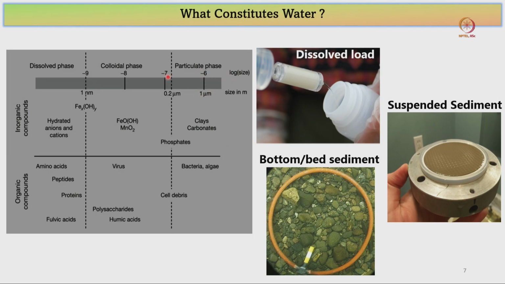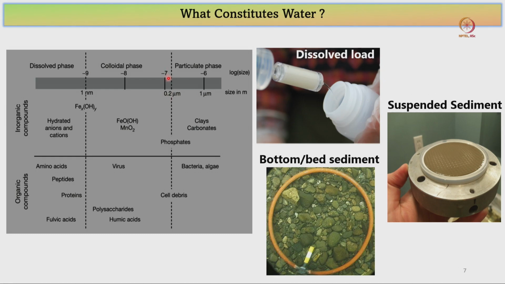Now, with more technological innovations, our particulate delineation has reduced to 0.2 micrometer. So, if you want to separate the particulate phase from the dissolved and colloidal phase, you use a filter paper with a pore size of 0.2 micrometer.